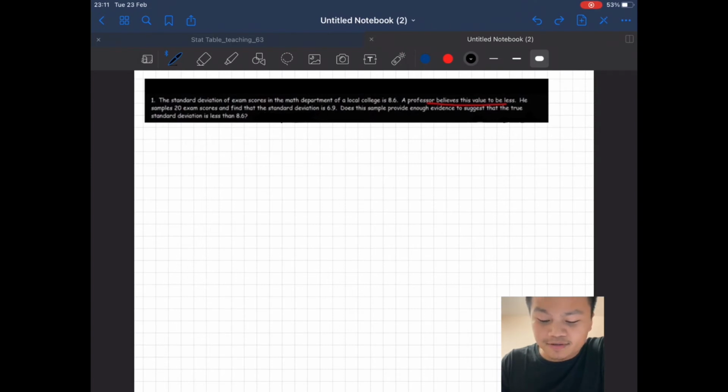He sampled 20 exam scores and found that the standard deviation is 6.9. Does this sample provide enough evidence to suggest that the standard deviation is less than 8.6?